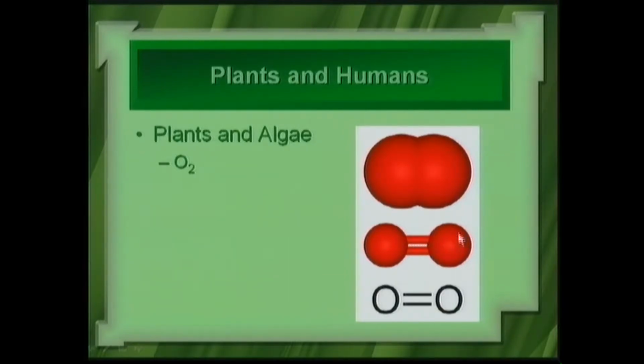Here's another way. You have this ball and stick model showing the two oxygen atoms as red orbs in this particular drawing, with a double bond between these two. And then here you have a space filling model that doesn't show the bonds, but does show that there are two atoms making up this oxygen molecule.